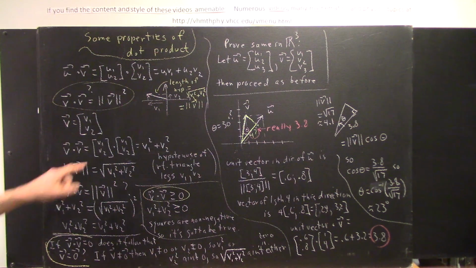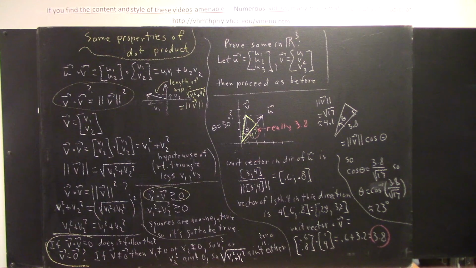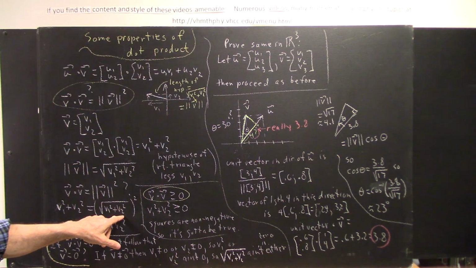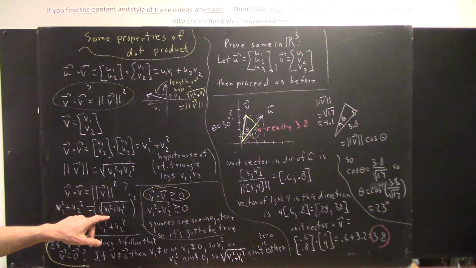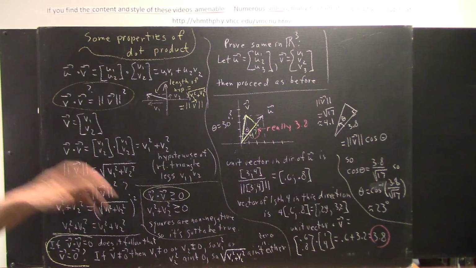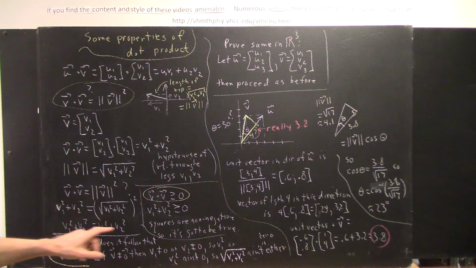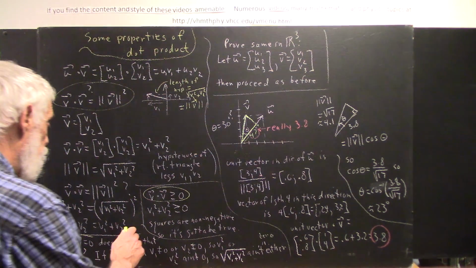V dot v is, well, we calculated it up here, v1 squared plus v2 squared. The magnitude of v is the square root of v1 squared plus v2 squared, and we're squaring that. Well, the square of the square root of v1 squared plus v2 squared is just what? It's v1 squared plus v2 squared. So our equation becomes v1 squared plus v2 squared equals v1 squared plus v2 squared.